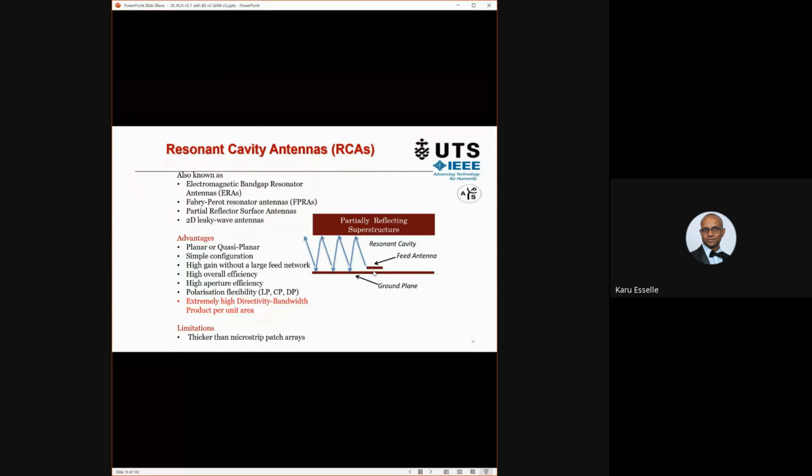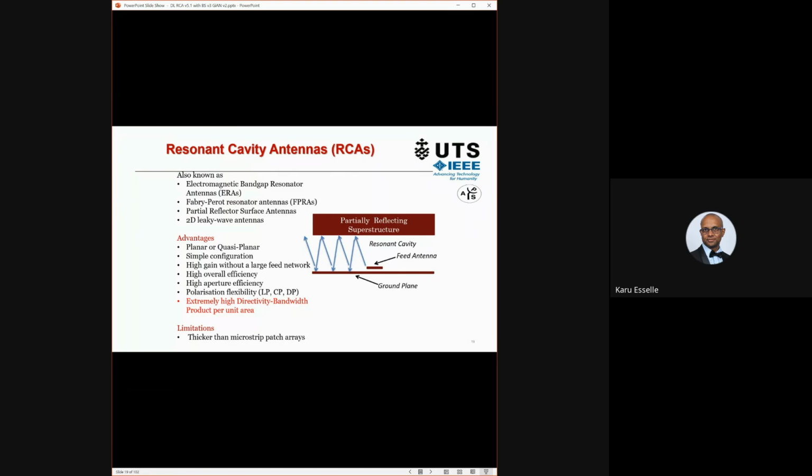For the linearly polarized antenna, you use a linearly polarized feed. If you want to make it dual linear, replace this by a dual linearly polarized feed. If you want right-hand circular polarized, replace this with a right-hand circular polarized feed or dual circular polarized feed, without changing any other part of the antenna, especially the partially reflecting superstructure.